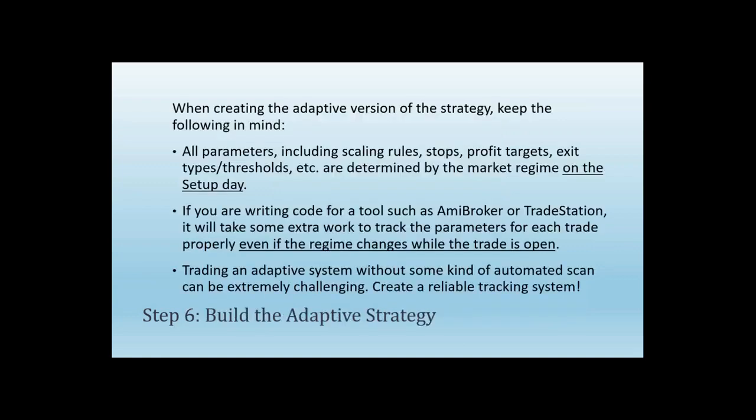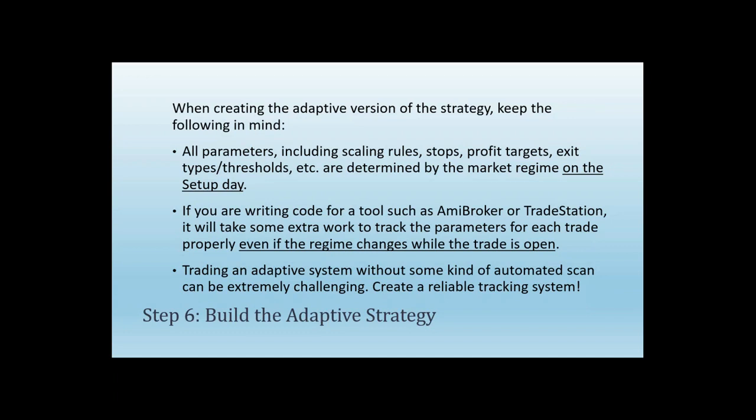All right, so when we go to code this as a backtest, when we're creating an adaptive version of the strategy, there's some things to keep in mind. First, all of the parameters, whether those are scaling rules, stops, profit targets, exit types, limit entries, RSI thresholds, all of those are determined by the market regime that was in effect on the setup day.